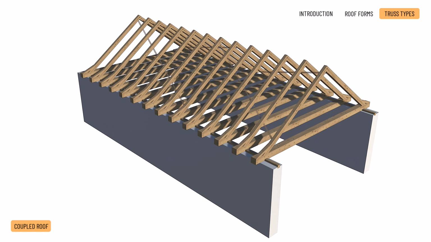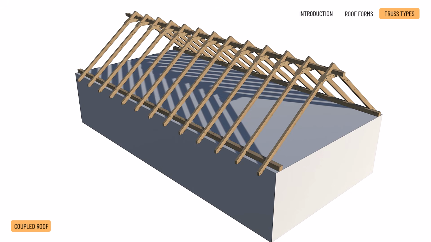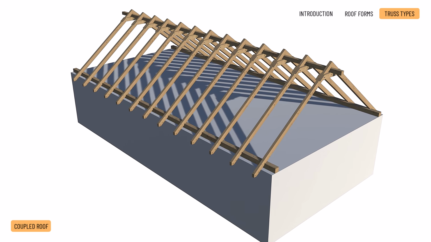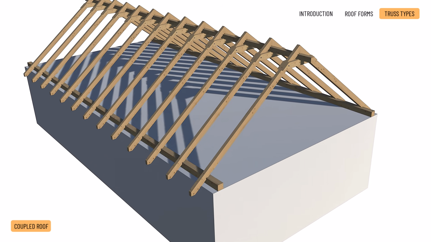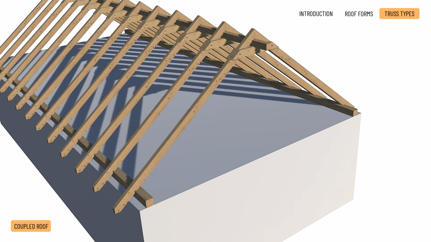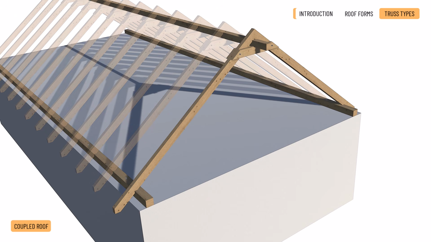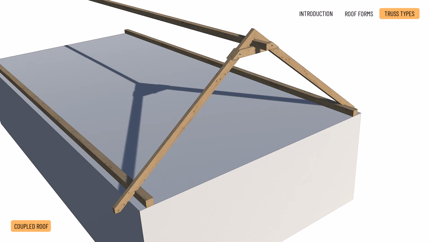The entire structure is reinforced latitudinally with wind braces spanning 3 to 4 rafters. In contemporary construction, coupled roofs are assembled directly on the completed floor structure. Rafters, typically spaced at 90 to 100 centimeters intervals, are attached to the wall plate by bird's mouth joints.